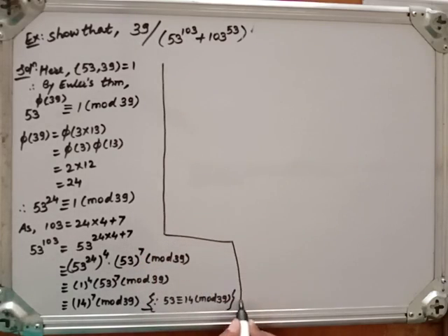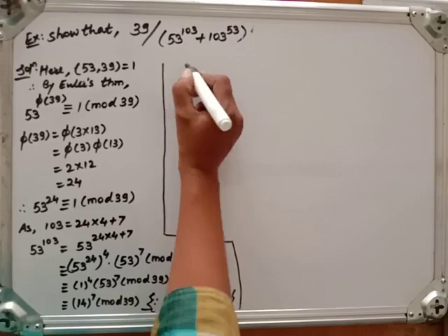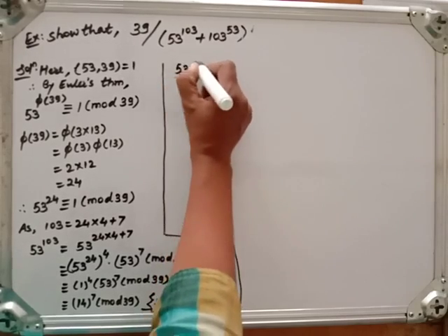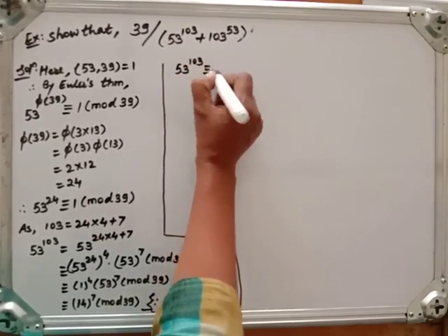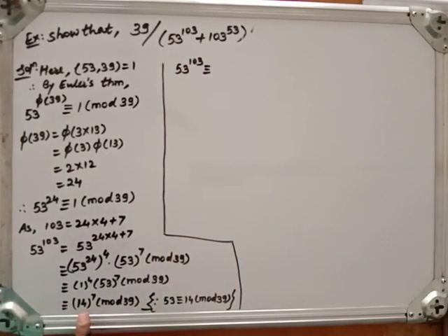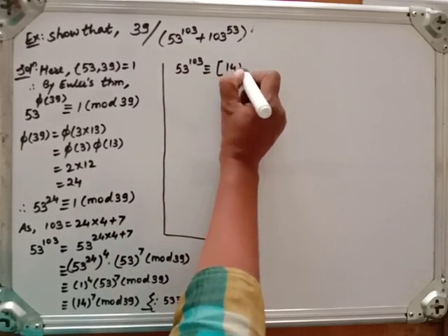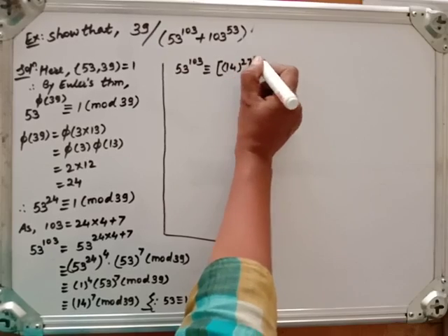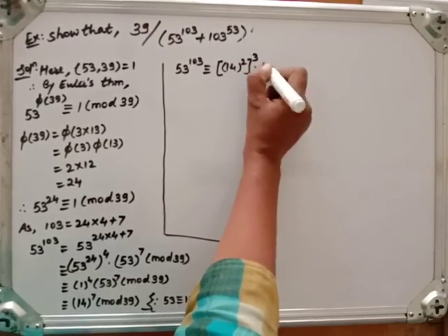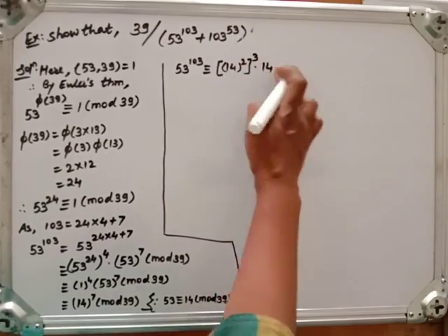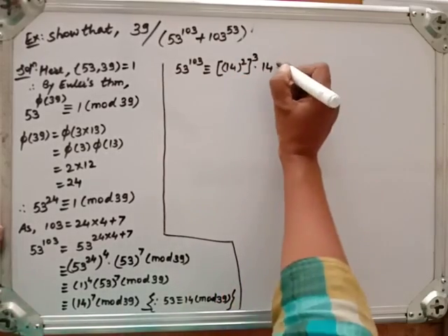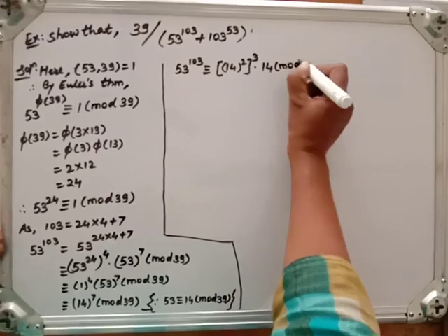Okay. Now after this, what do we get? Here onwards, let us solve. This 7 can be written as 14 raised to 6 plus 1, for our simplification, so that the calculation becomes easiest. So 6 can be written as such into 14, modulo 39.